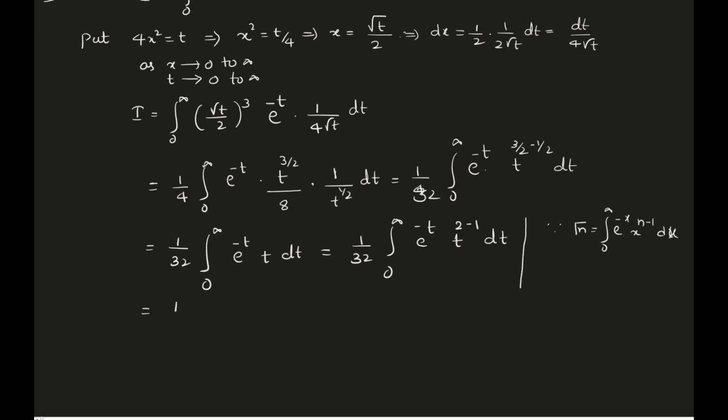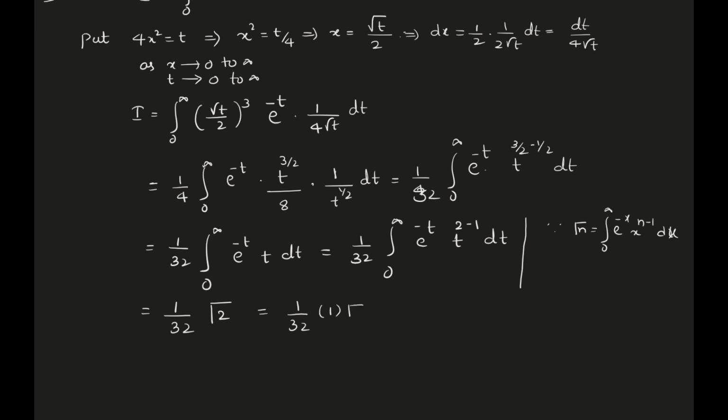So 1 by 32 into gamma of 2. Gamma of 2 is what? Gamma of n is n minus 1 into gamma of n minus 1. So it is 1 into gamma of 1. Again, gamma of 1 is 1. So 1 by 32, gamma of 1 is 1.